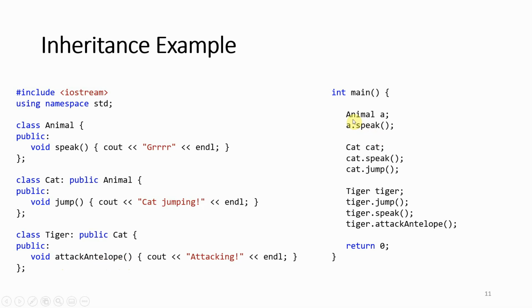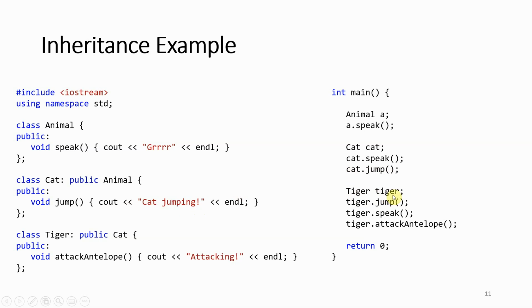So here, if we instantiate an object of class animal, if we say a.speak, it's going to print grr. If we have an object of class cat, let's call it cat, cat.speak is going to print grr. And then cat.jump is going to print cat jumping. The same thing for tiger.